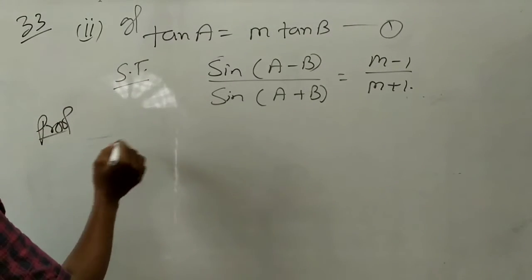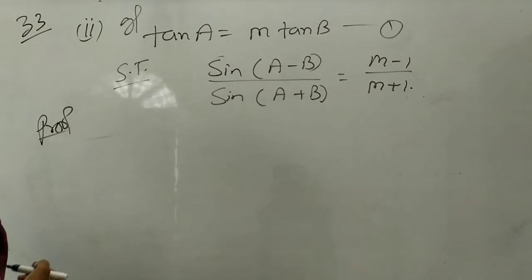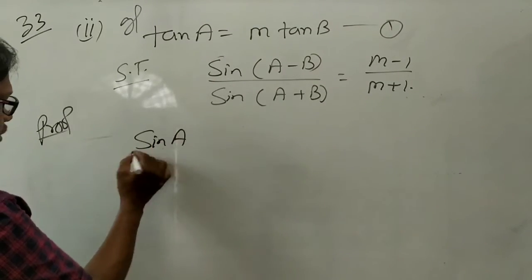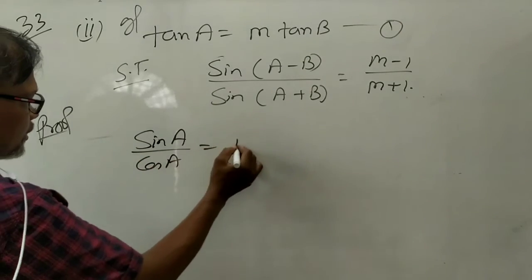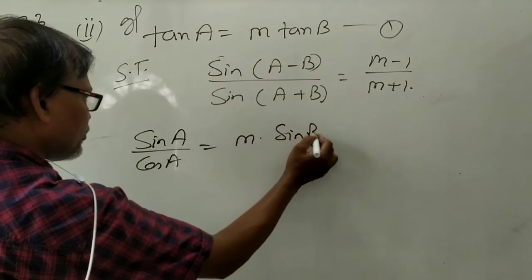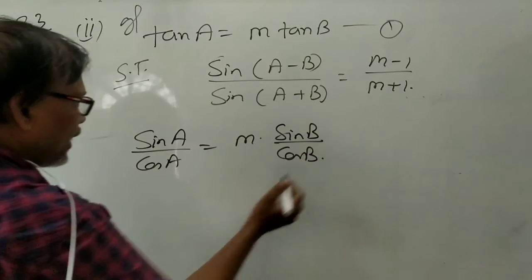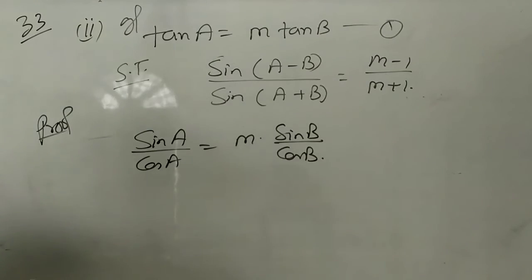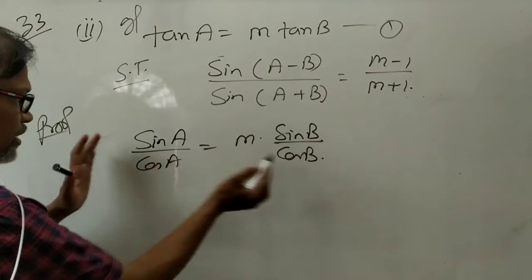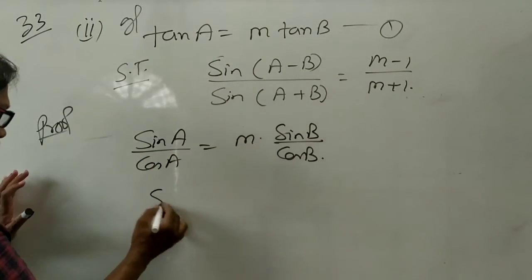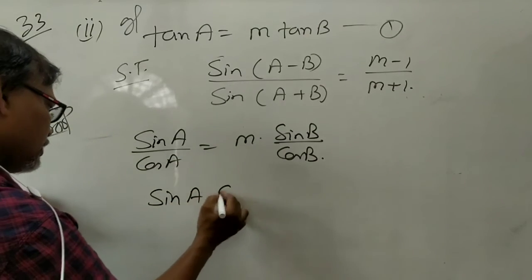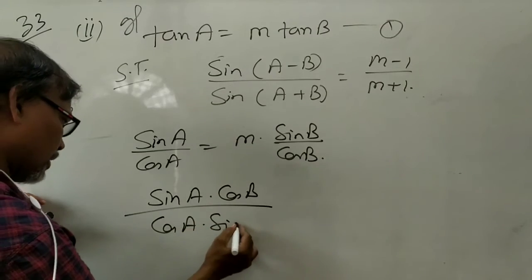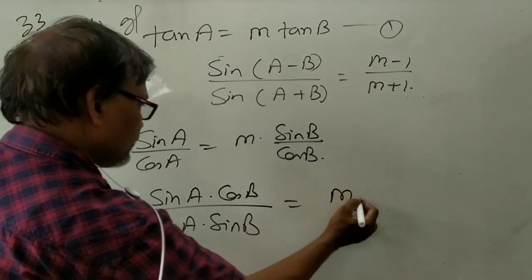Tan A can be written as sin A upon cos A, and tan B as sin B upon cos B. So sin A upon cos A is equal to m into sin B upon cos B. Taking the multiplication across, we can write sin A cos B upon cos A sin B is equal to m.